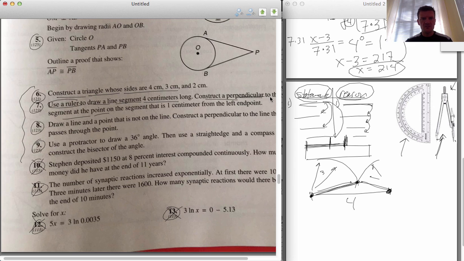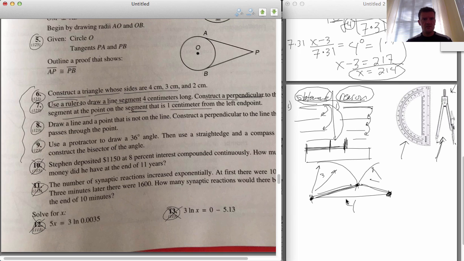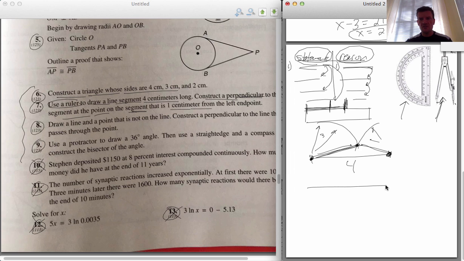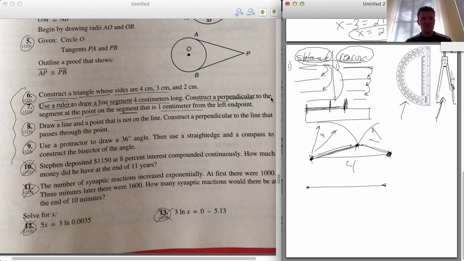Okay, so if I understand this correctly, we're going to draw a line segment 4 centimeters long, and construct a perpendicular to the segment at the point that is 1 centimeter from the left end point. Okay, left end point, 1 centimeter, we've measured 1 centimeter.